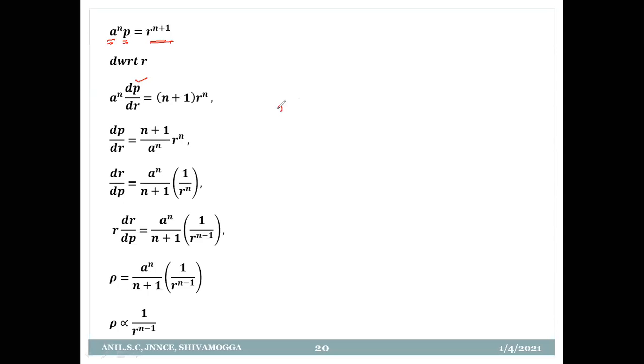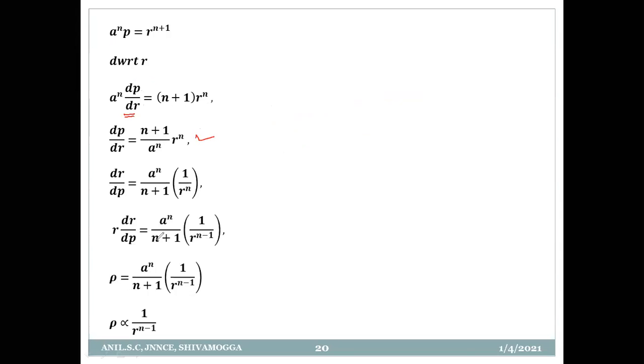Cancel the plus 1 with the minus 1, giving n plus 1 into r power n. Therefore, dp by dr is equal to n plus 1 into r power n divided by a power n.